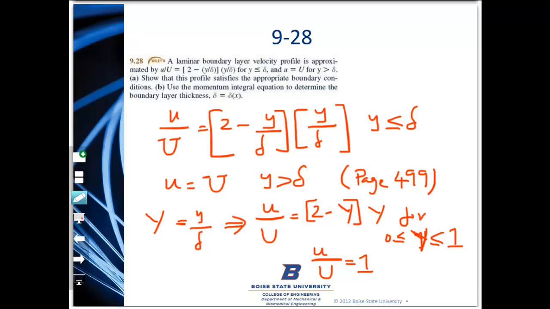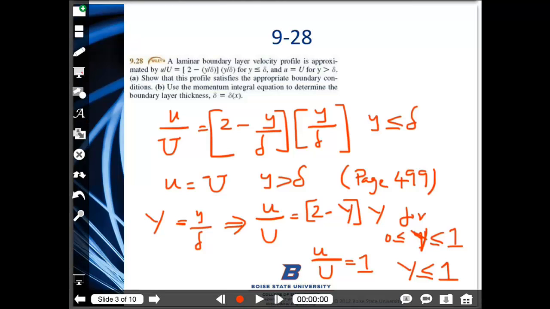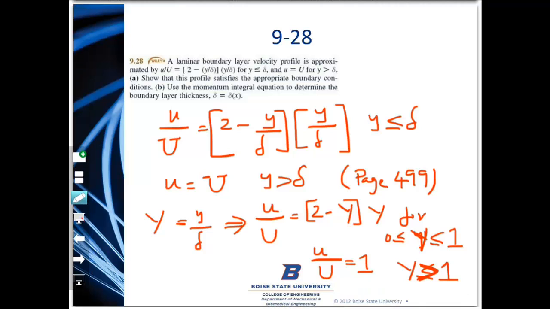So we get Y less than or equal to 1. Let me rewrite this. This should be Y greater than 1, because it has to be above the boundary layer thickness. I had an error there, so I have to correct it. So it should be Y greater than 1.